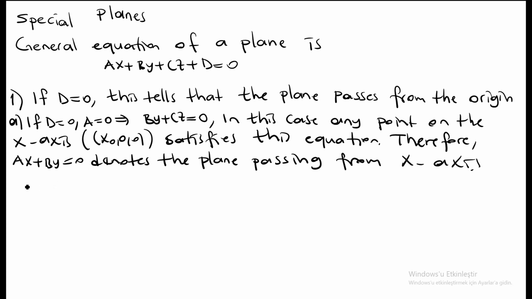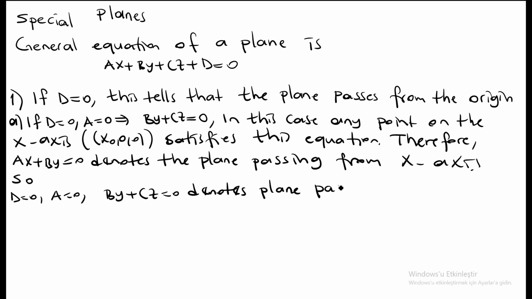So similarly, we can write this one. If D is 0, A is 0, then we have this one. So this denotes the plane passing from x-axis.